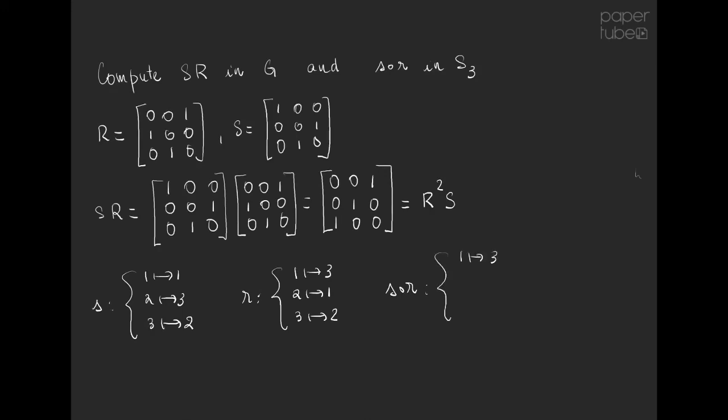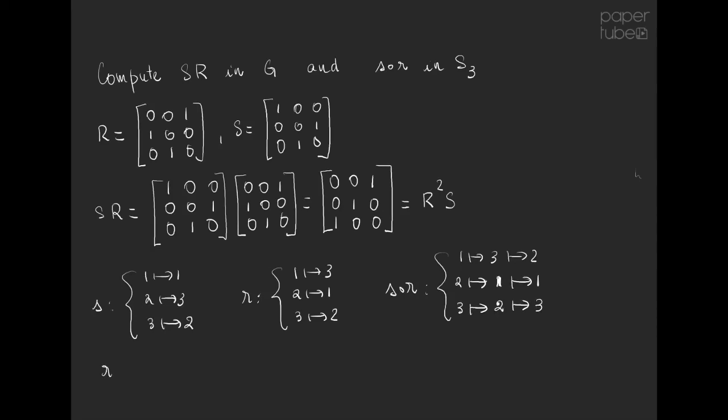And then 3 goes to 2. Oh, no, sorry. 2 goes to 1, and then 1 goes to 1. And then 3 goes to 2, and 2 goes to 3.